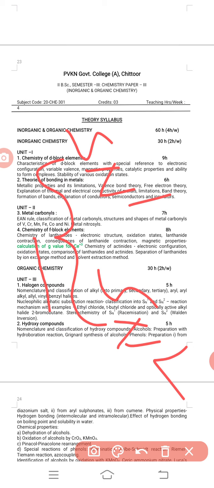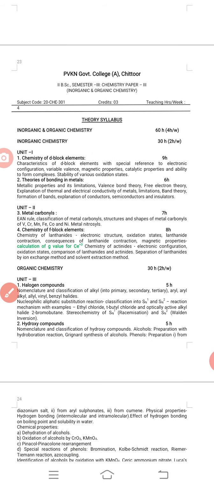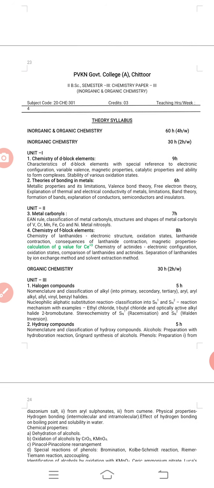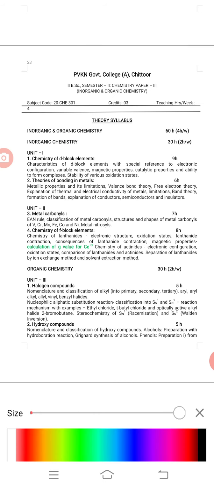What is alcohol and what is phenol? We will explain that. Next, the physical properties and hydrogen bonding. Next, the chemical properties of alcohols, dehydration and oxidation of alcohols, CrO3 and KMnO4, which we can discuss later.